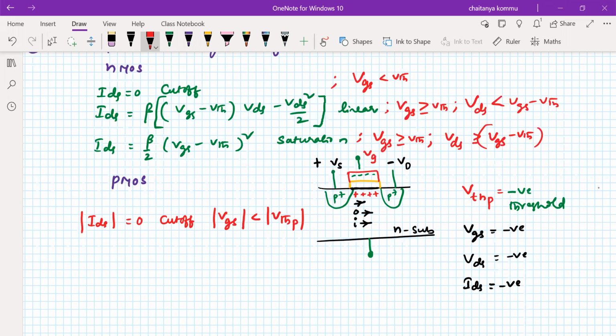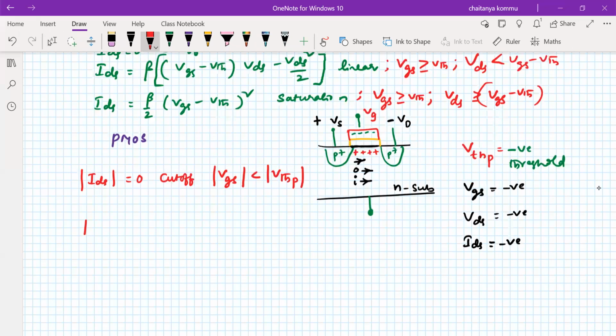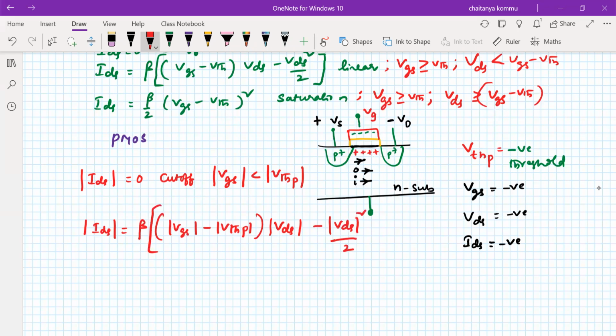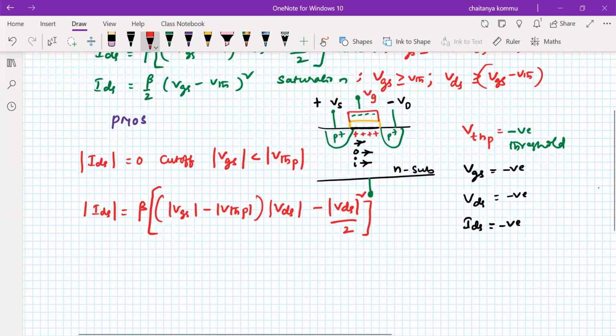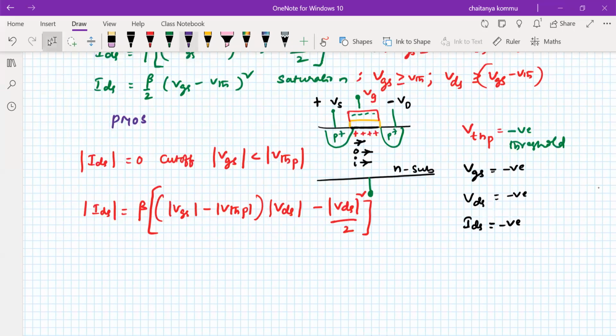Clear? Fine. Now, similarly, the magnitude of IDS is equal to beta times magnitude of VGS minus magnitude of VTHP, into magnitude of VDS minus magnitude of VDS whole square divided by 2. Are you agreed with me? So better I'll use different colors for the conditions.